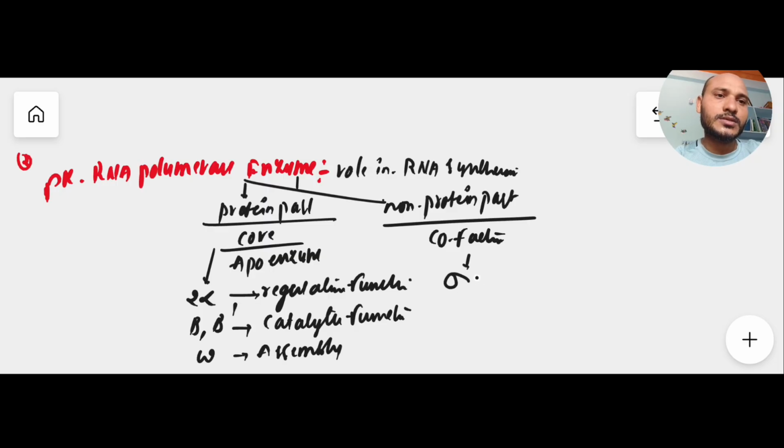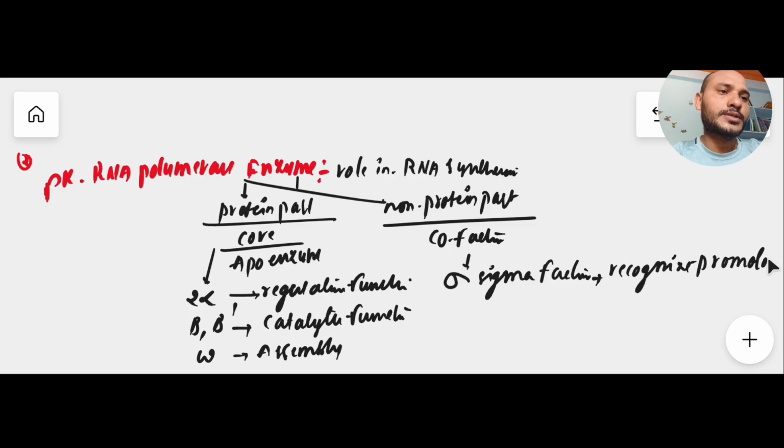And coming to the non-protein part, that is the cofactor, we have one best example, that is the sigma factor. The sigma factor recognizes the promoters, and it recognizes two types of promoter.